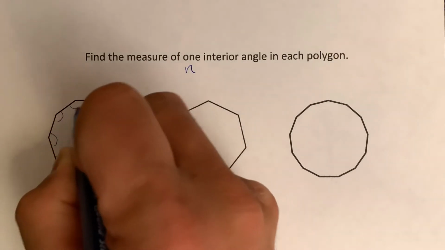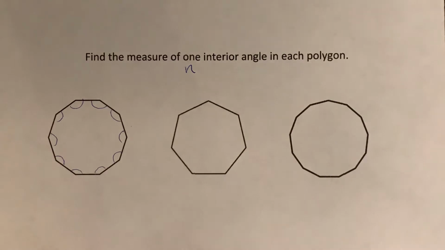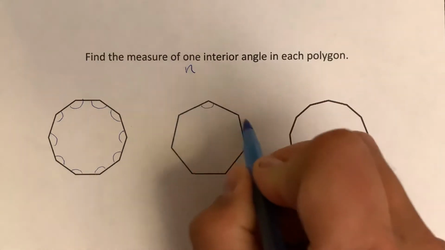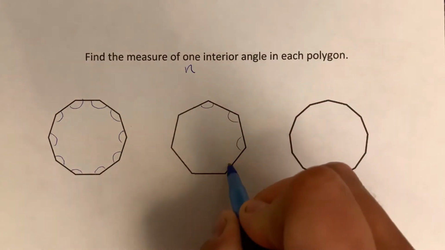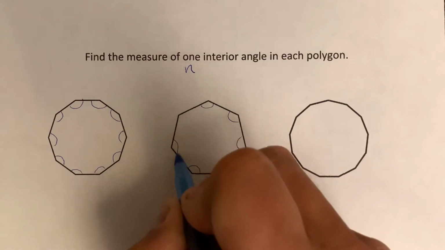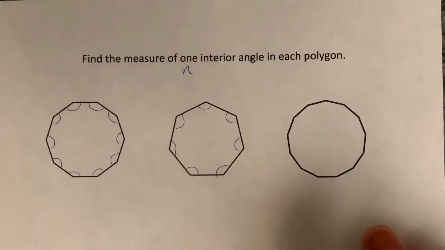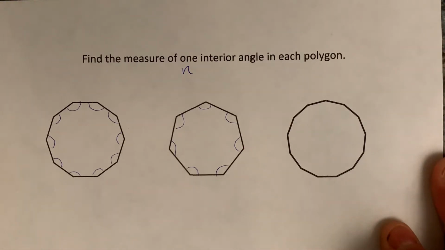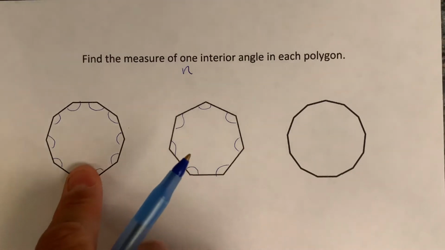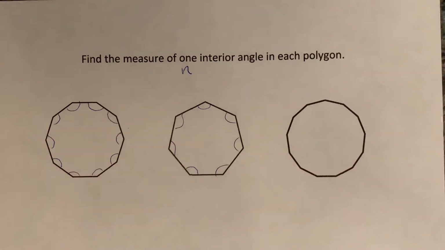Same here, they're all the same. 1, 2, 3, 4, 5, 6, 7. So this would be a 7-gon, or I think they call it a septagon. I can't remember the exact name of this one. If you don't know it, you just call it a 7-gon: number of sides, gon. And that's what we're going to name them after.